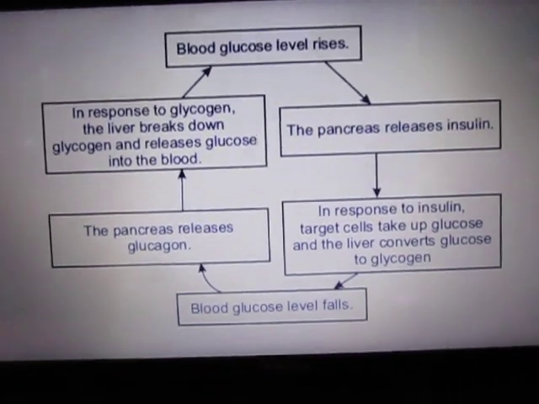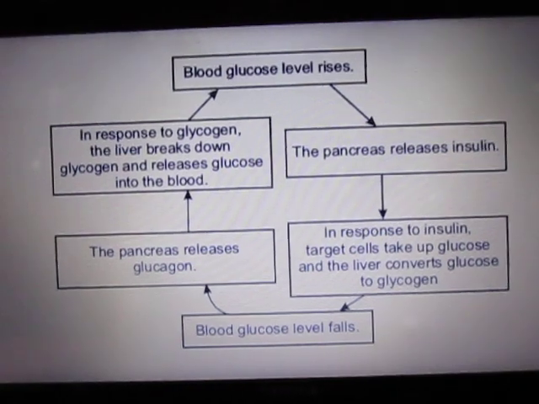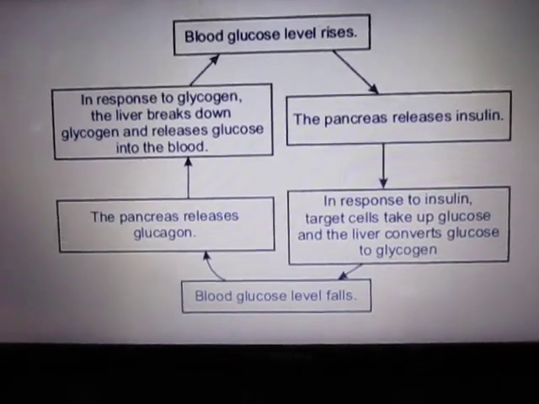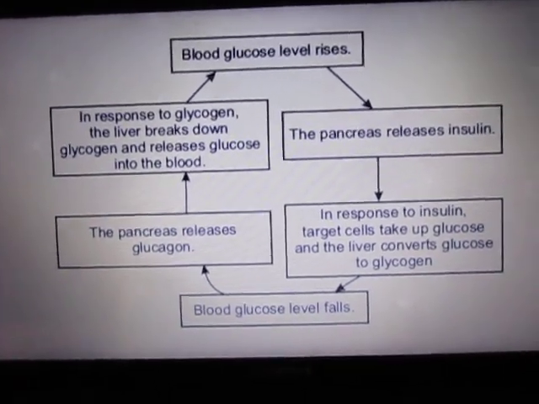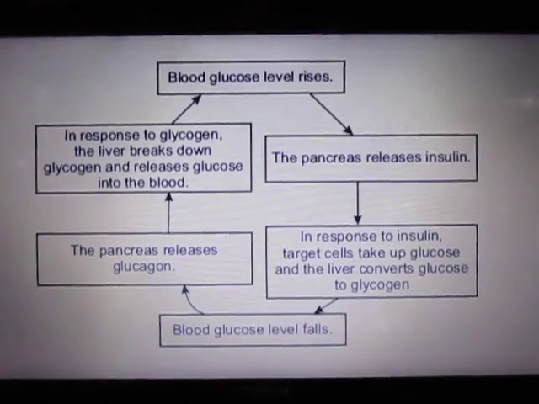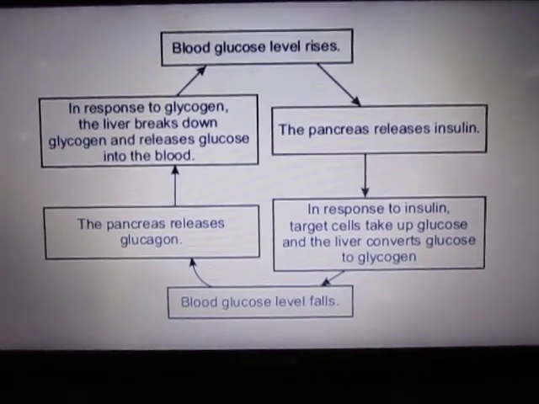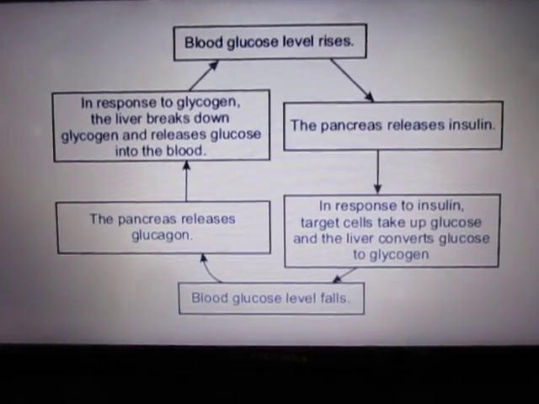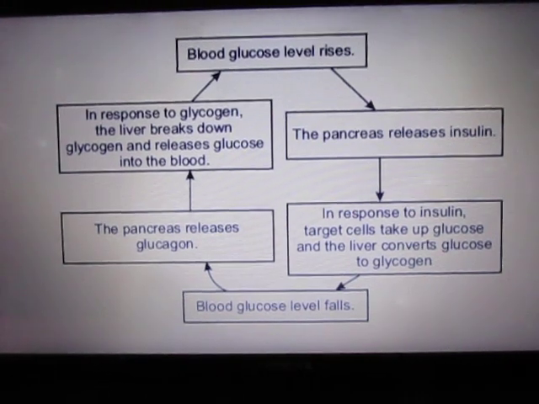This diagram is showing the general flow of the changes in the blood glucose level. Starting from the top, if the blood glucose level rises, what will happen? I go to the right side. The pancreas will release insulin. And what will be the role of the insulin? Insulin will go to different target cells, and also to the liver.